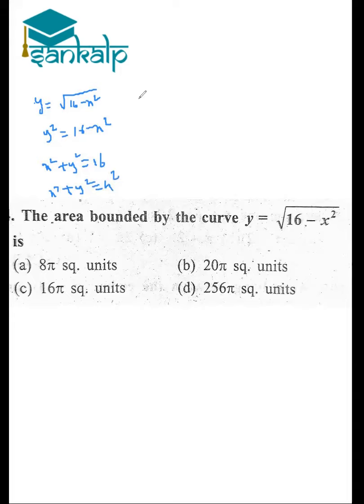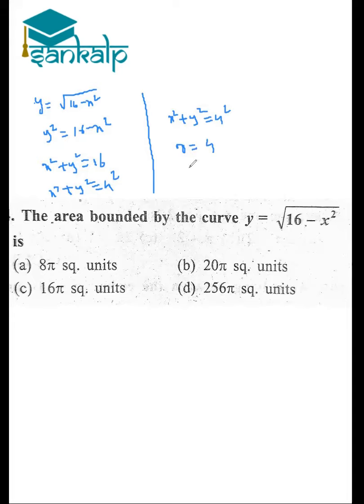So this is the equation of a circle with radius equal to 4.